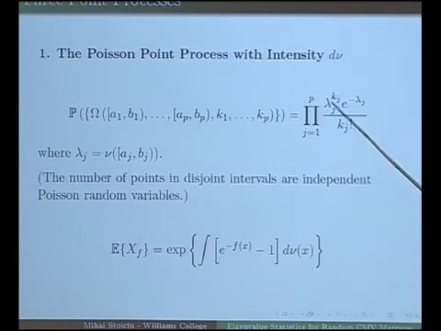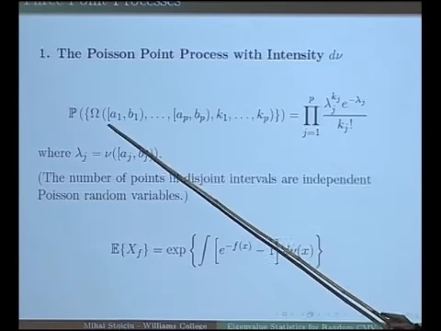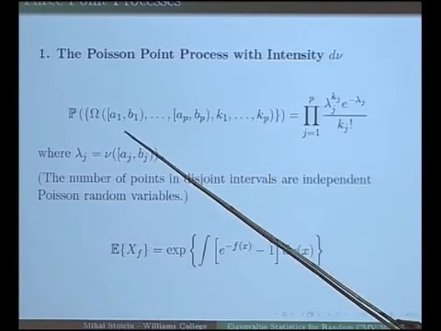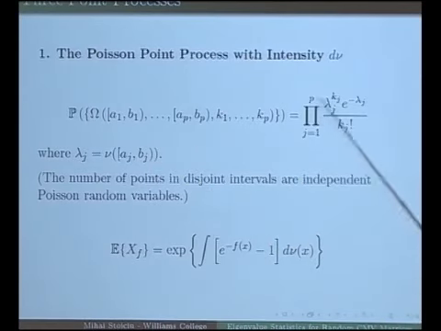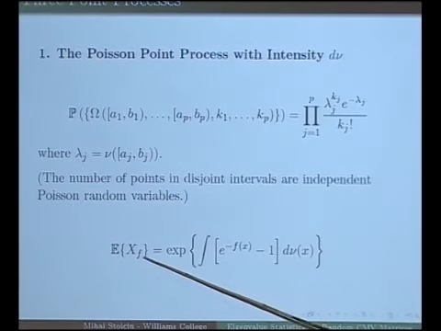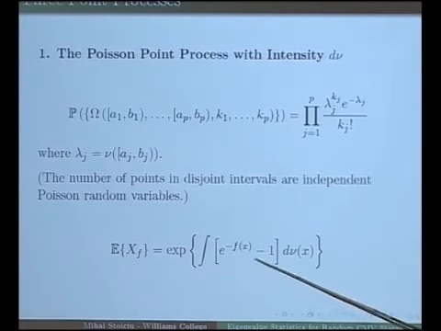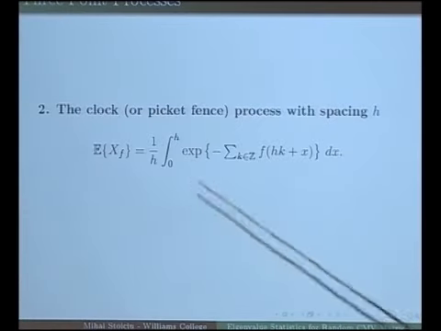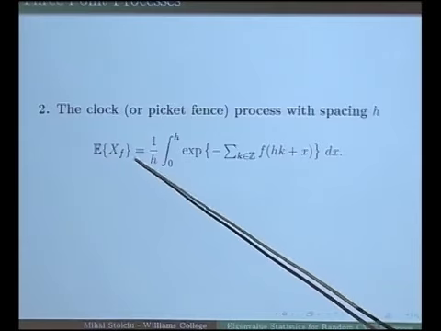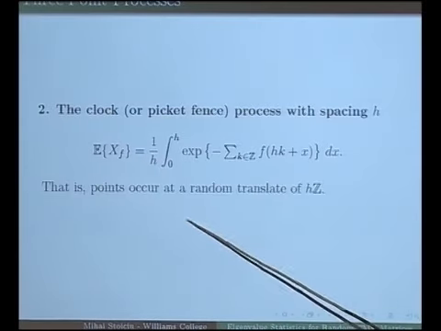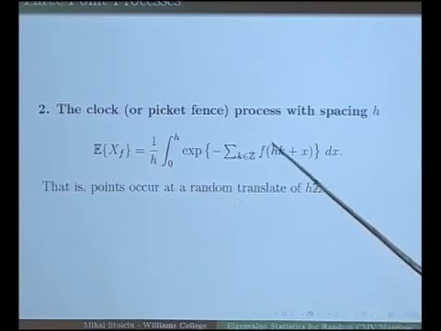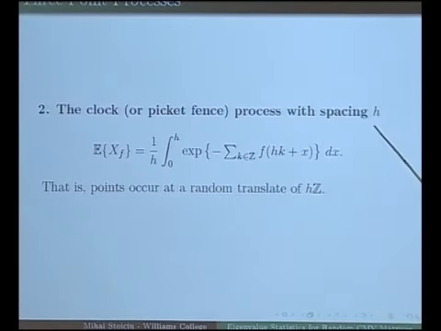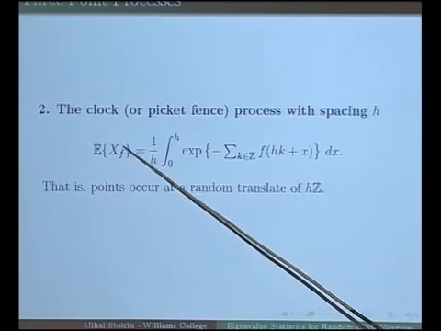So we have three point processes which will be our candidates. One is the Poisson point process. The probability of having k1 eigenvalues in A1, B1, kp in AP, BP is given by this product. The corresponding Laplace functional, which is a nice computation for Poisson, is this. So this is what we want to get in the limit. Then the clock or picket fence.